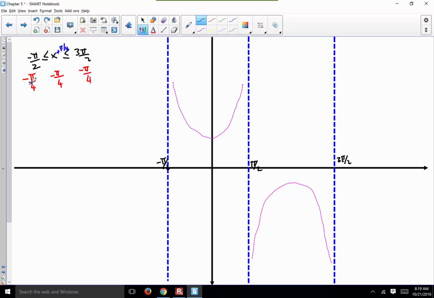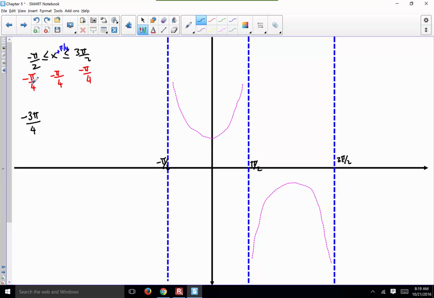What is minus pi over 2 minus pi over 4? Set the common denominators and do that. It is minus 3 pi over 4.